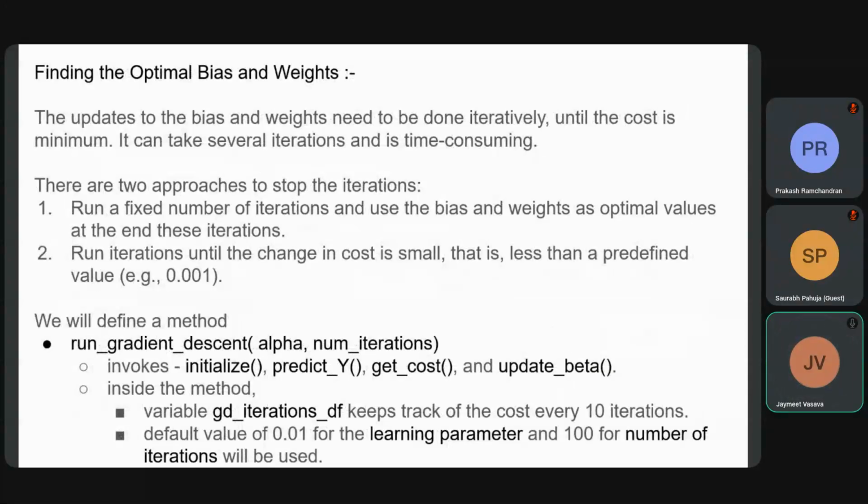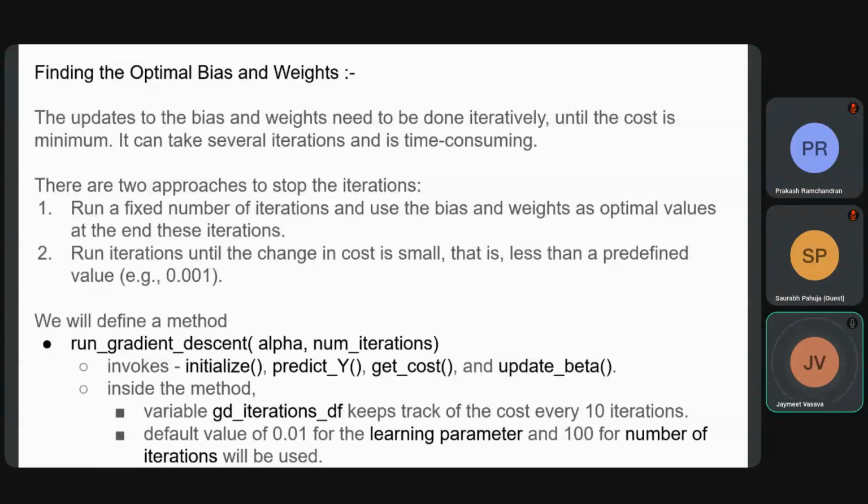So we are trying to find the optimum values for the bias and weights, which we can use for our linear regression model. Updating the bias and weights needs to be done iteratively until the cost is minimum.